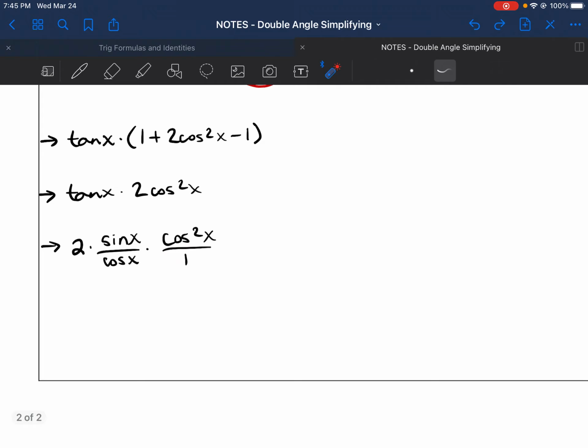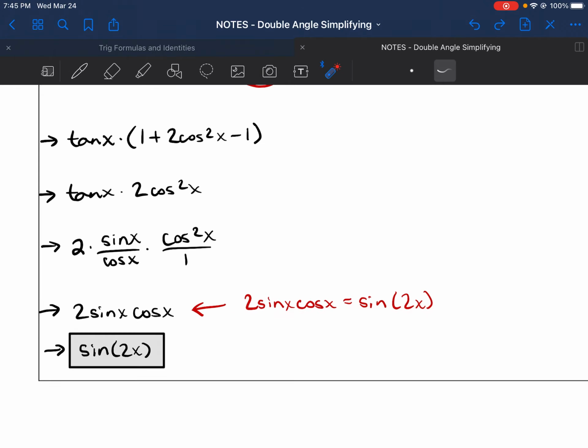And again, notice cosine squared is really cosine x times itself, where this cosine x will cancel with this cosine x, and all we have left is 2 sine x times cosine x, which is equal to sine of 2x by the double angle formula.